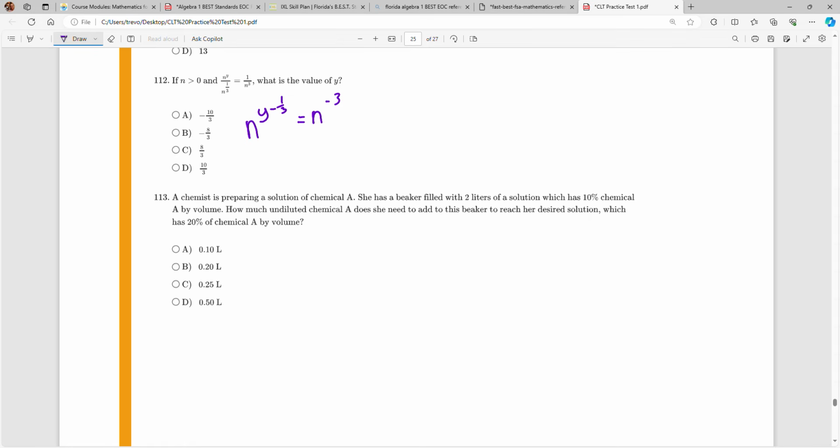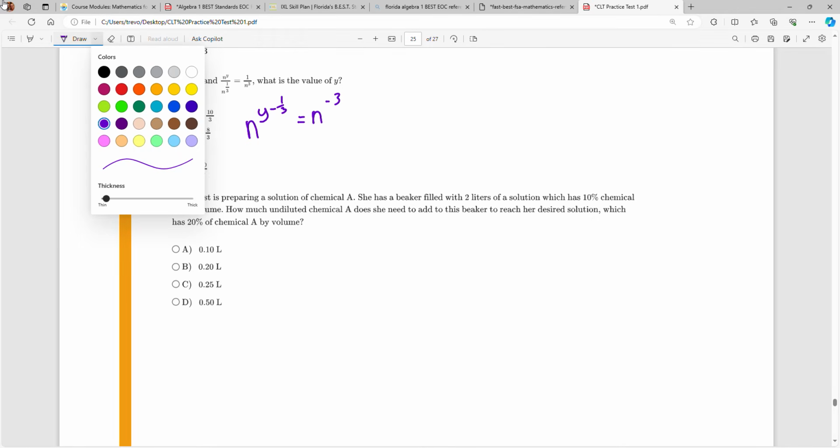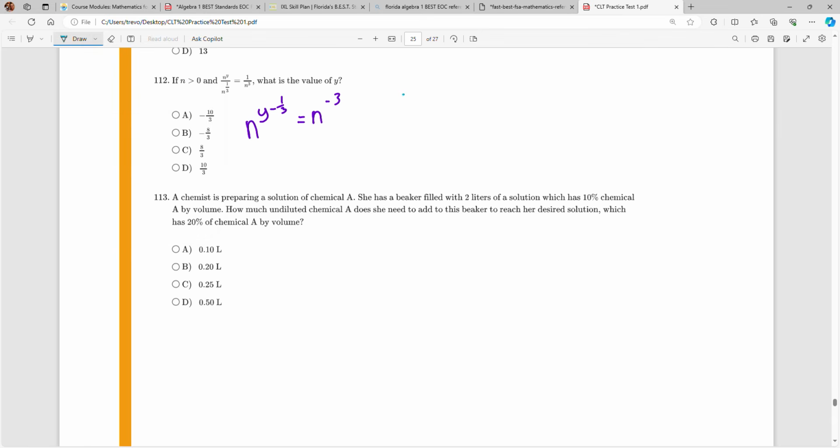If I rewrite this like this, then I know that y minus 1/3 equals negative 3, and I can solve for y now because there's only one variable and I got rid of the n.